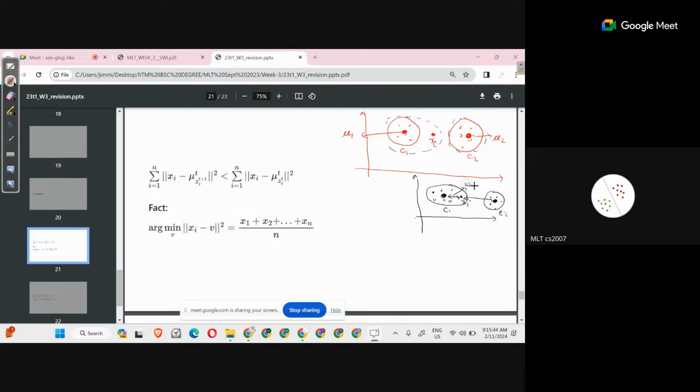This distance let's take as L1, and this one as L2. I am assuming L2 is less than L1 for our case. So then what will happen? Can someone say?